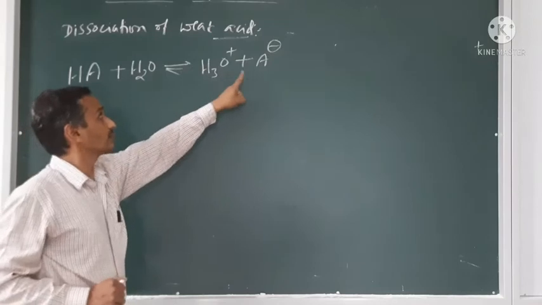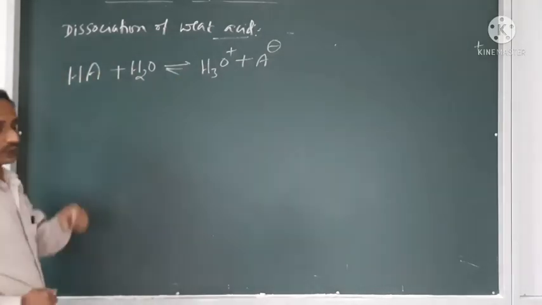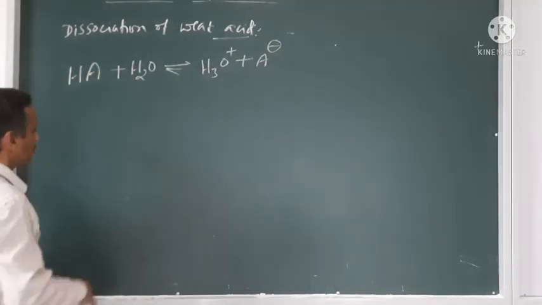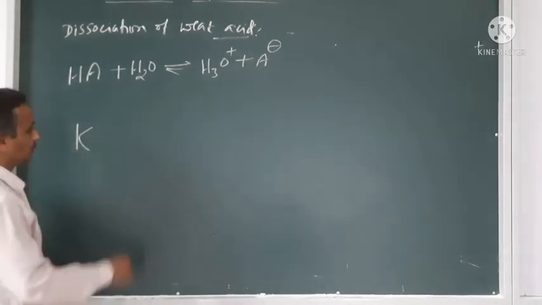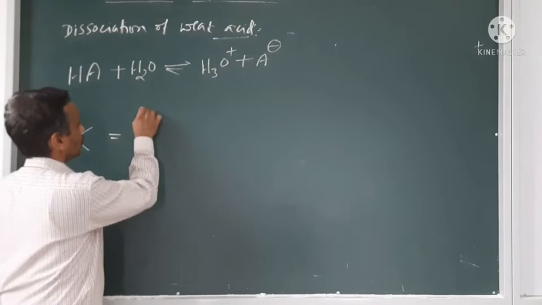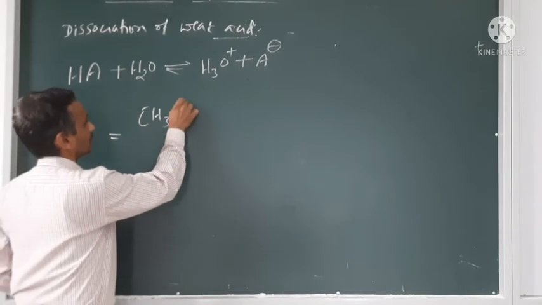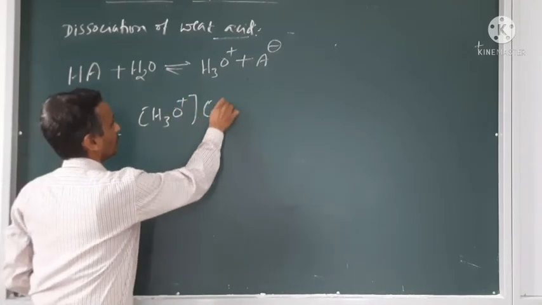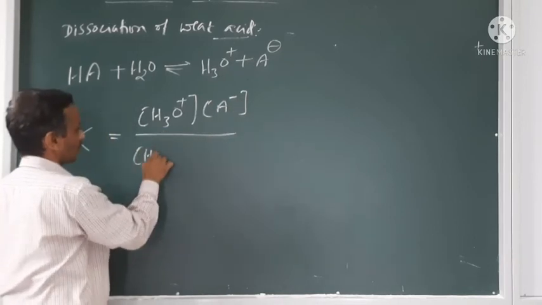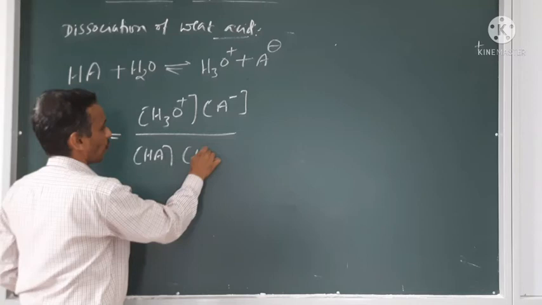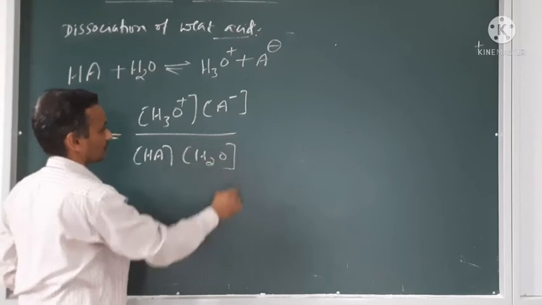So I can write an equilibrium constant K is equal to H3O plus concentration into A minus concentration divided by HA concentration into water concentration.